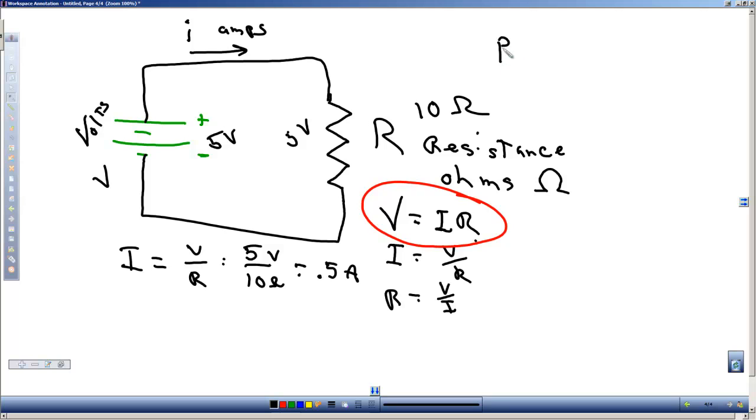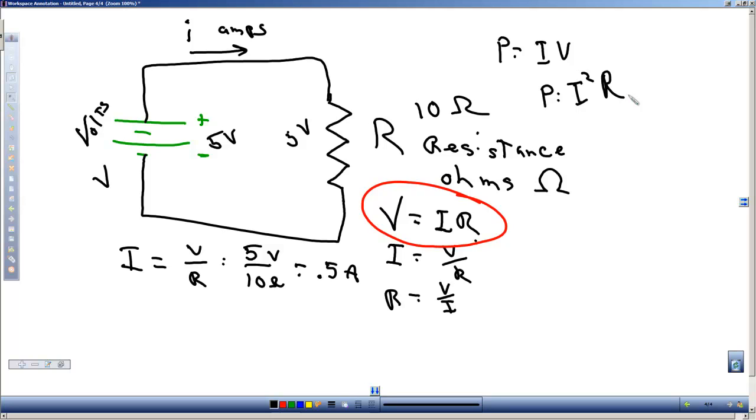And the power equation, P is equal to IV, and we can also solve that in terms of the current and the resistance, and that would be that power is equal to I squared times R, and you'll hear that a lot. You could solve for any of those knowing these equations.